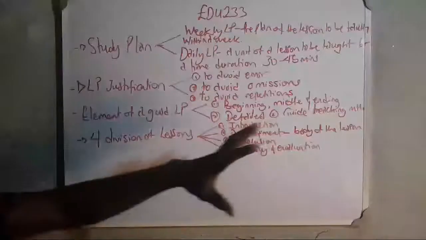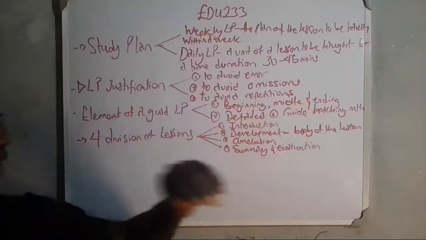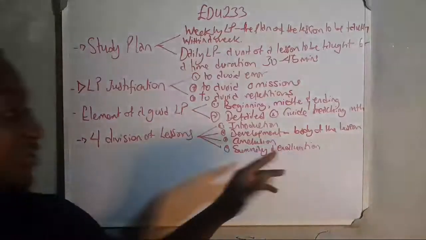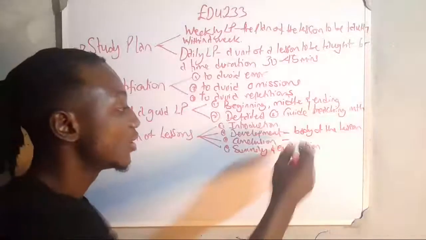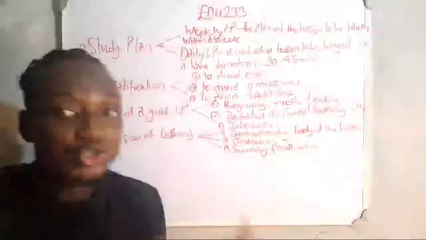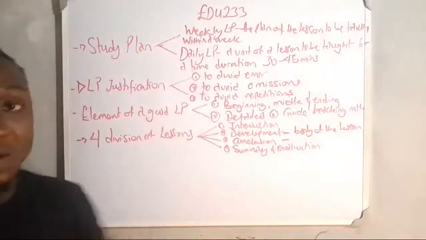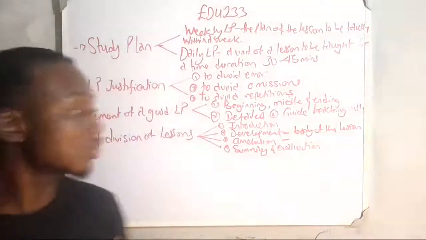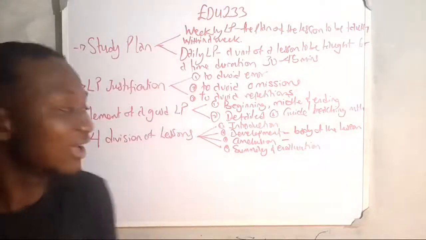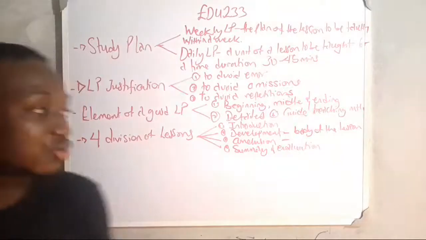Now we also have evaluation. Before the summary, we have conclusion. You've introduced the students to what you intend to pass across, then you have elaborated on it in detail. Now you need to bring to conclusion that which you have introduced.